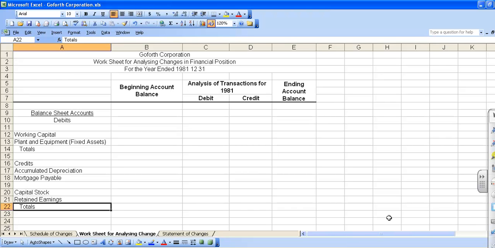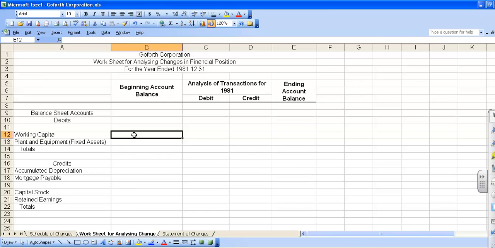Alright, so as you can see, I've typed in the balance sheet accounts and I've entered the debits as well as the credits. Okay, I'm going to put in the beginning account balance, the balance from the end of 1980.